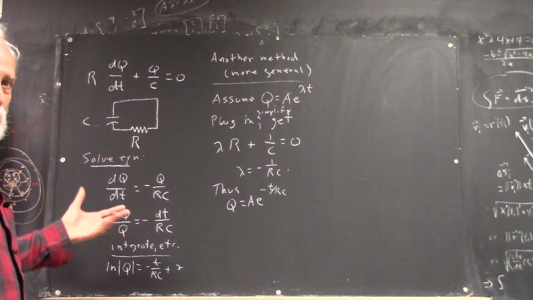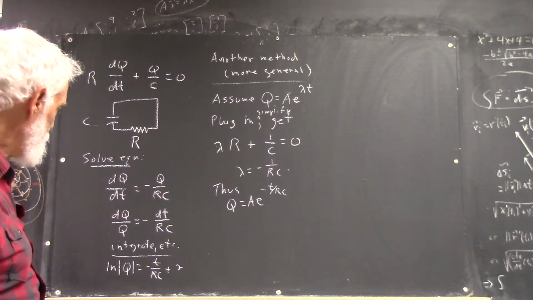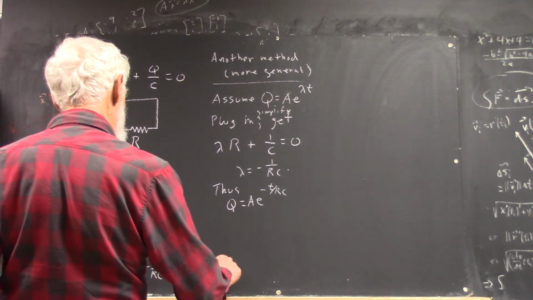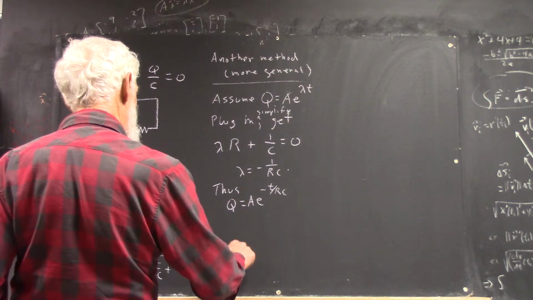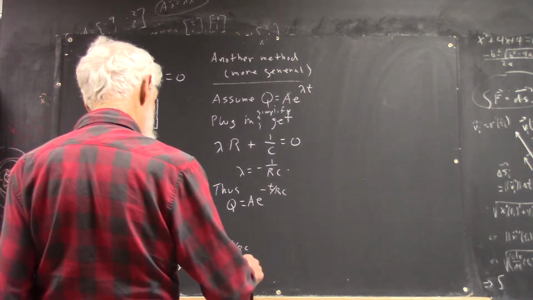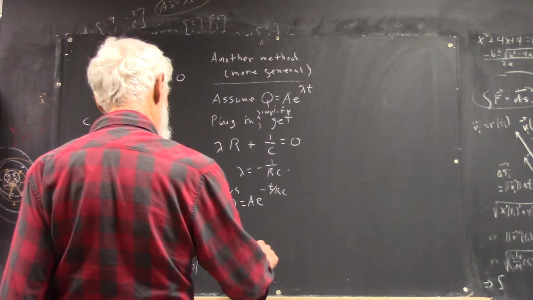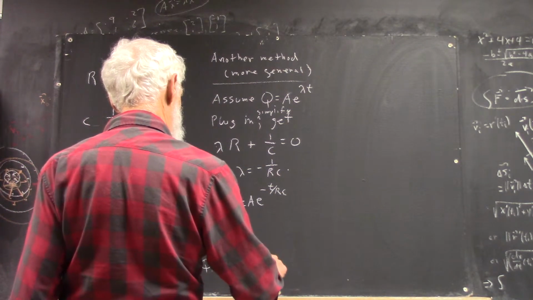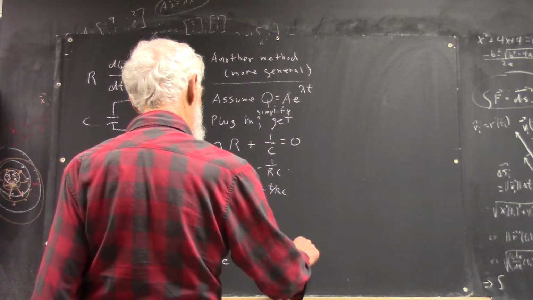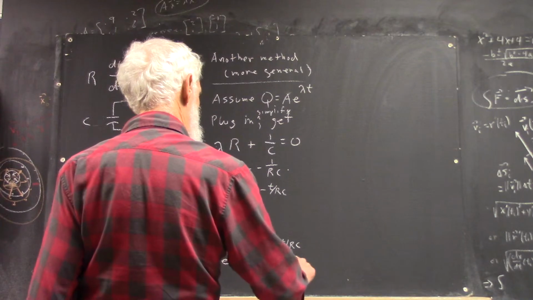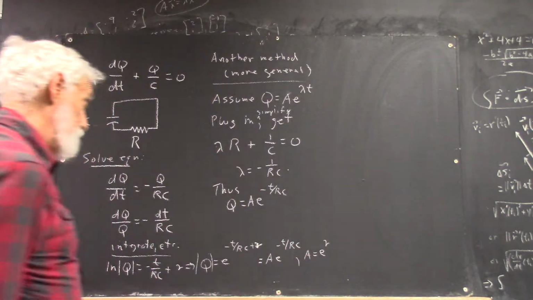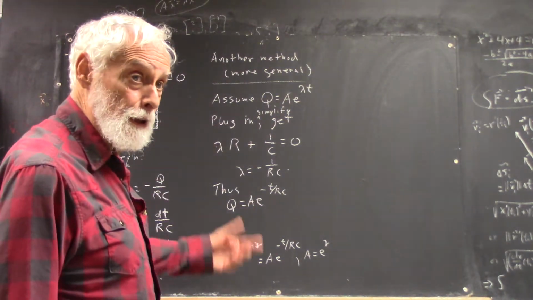It's often used as a constant for drag coefficient stuff. Okay. This rearranges to the absolute value of Q equals e^(-t/RC + γ), which equals Ae^(-t/RC), where A equals e^γ. It's using your laws of exponents, simple algebra.